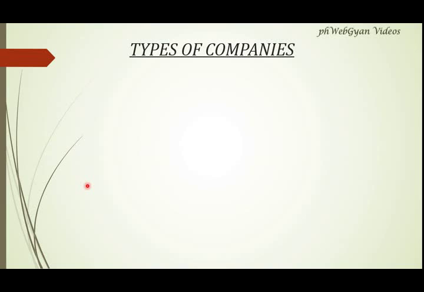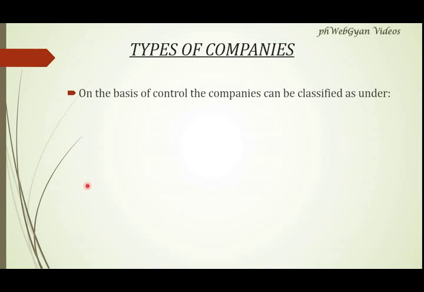First of all, we will see the classification of companies, or the types of companies, on the basis of control. Since by the name itself we can gauge that holding and subsidiary companies involve control, their definition includes the term control, which is the important aspect.